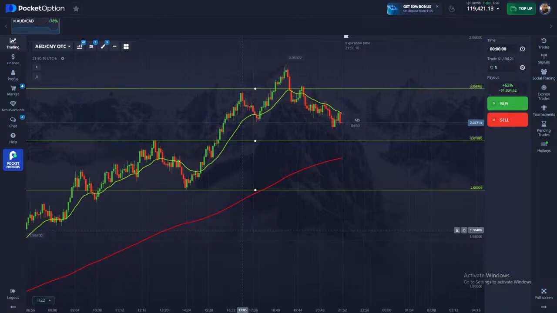That's why I like to use round numbers. When you see a round number, you've got to think immediately, this is something I've got to look at. Why? Because it most likely will have a reaction.